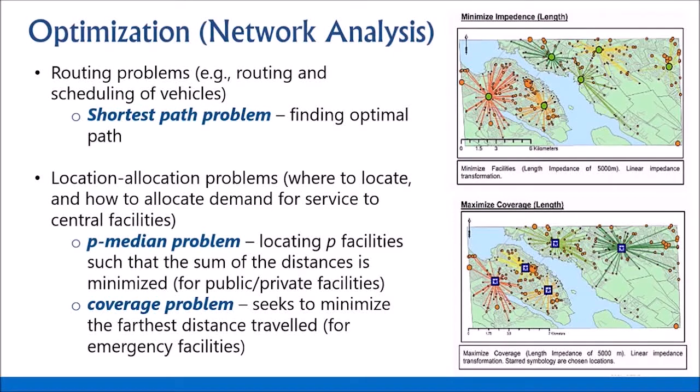Now another type is what we call a coverage type of problem, which seeks to minimize the farthest distance traveled. And this is done for planning emergency facilities, such as hospitals, fire stations, and so on.